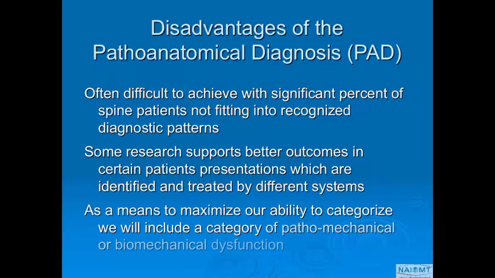And as a means to maximize our ability to categorize patients, we will assign a pathomechanical or biomechanical dysfunction diagnosis to our list. This is the patient who responds best to orthopedic manual physical therapy.